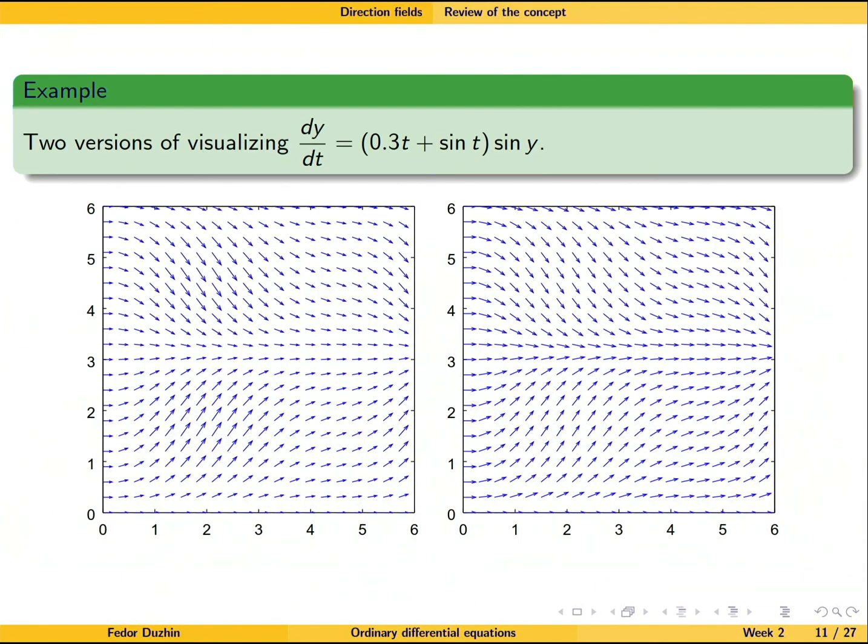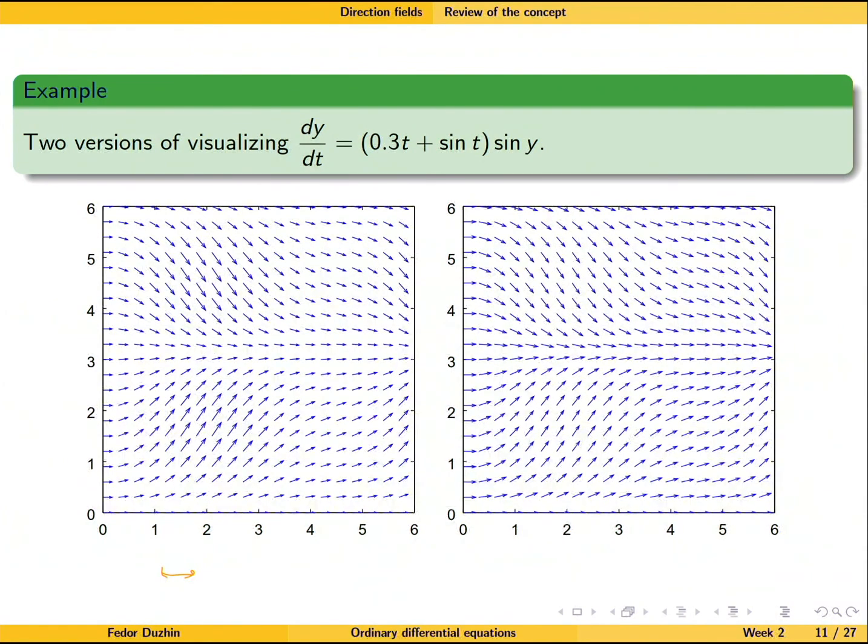Recall also that there are two ways to visualize this direction field. One of them is when we draw all the arrows such that the x component is the same, so they are all of the same width.